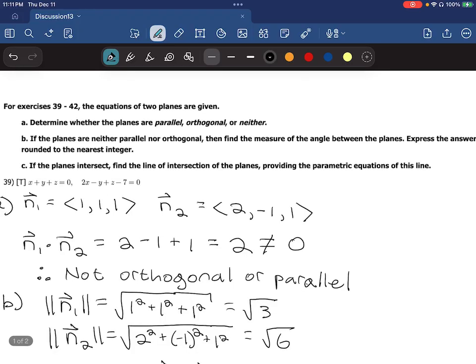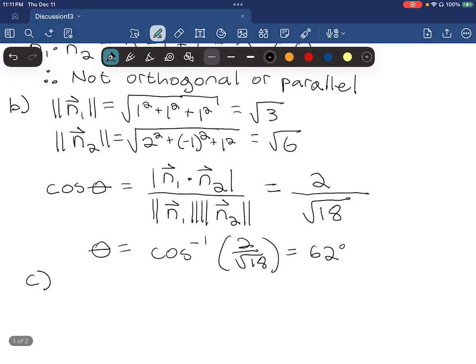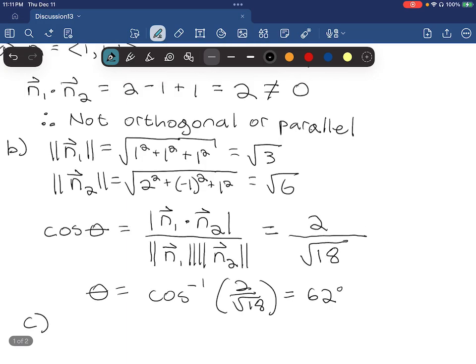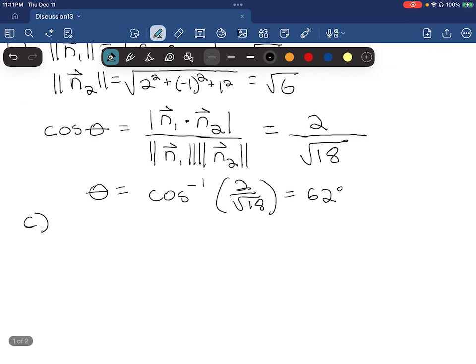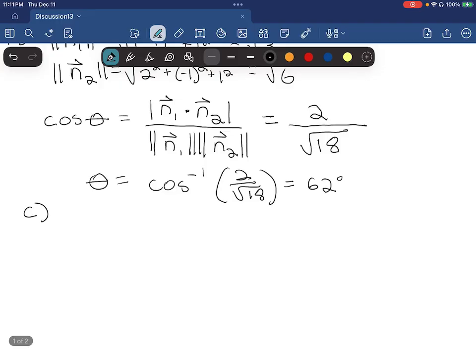So it says, if the planes intersect, find the line of intersection of the planes, providing the parametric equation of this line. Okay, and we know that they're going to intersect because they are not parallel. So we're just going to start by letting z equal t.